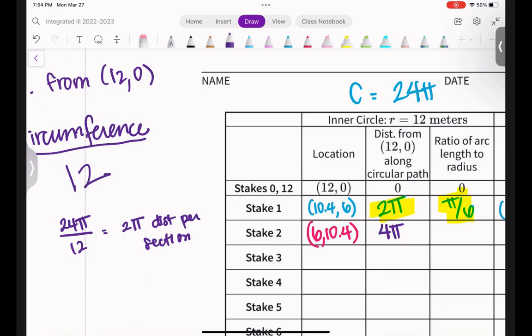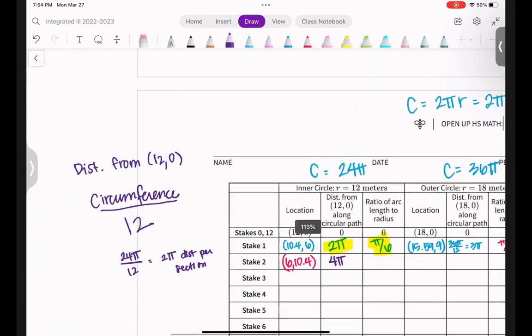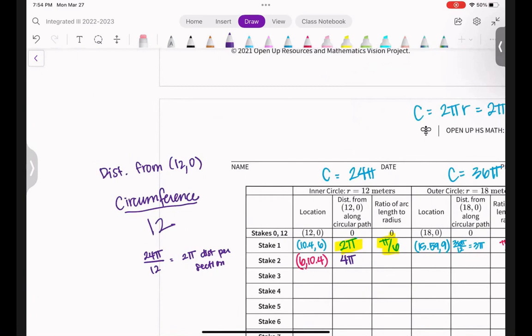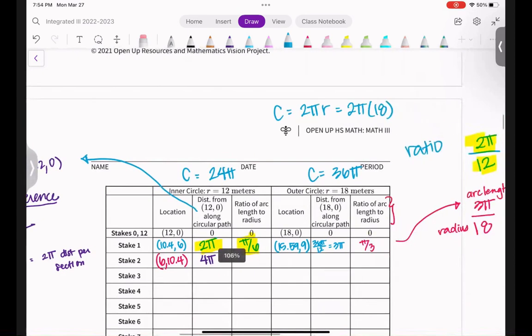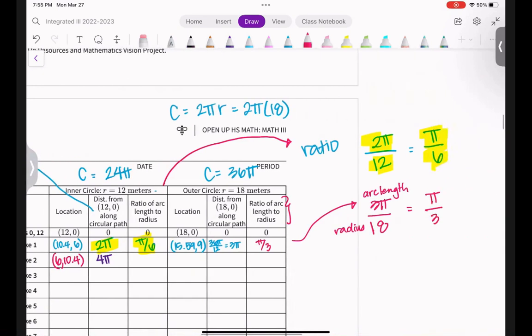Okay, so then this part here, this ratio of arc length. Maybe I draw arrows so that you guys can follow where I'm going here. This column right here goes here, and then this column right here is just kind of like this math over here. So that's what we do over there. We're going to do the same thing.